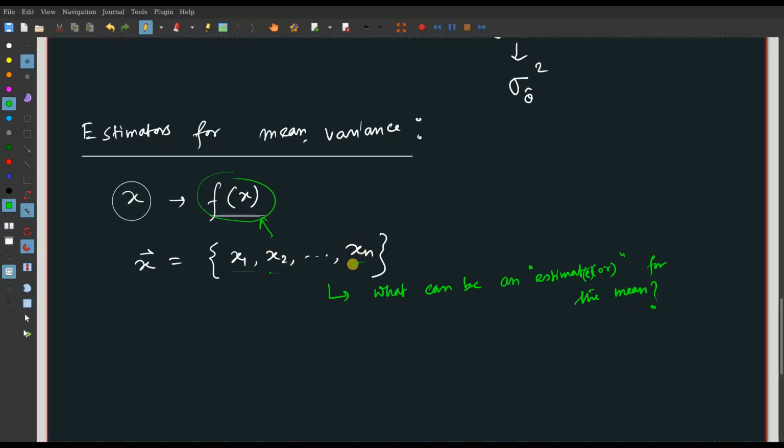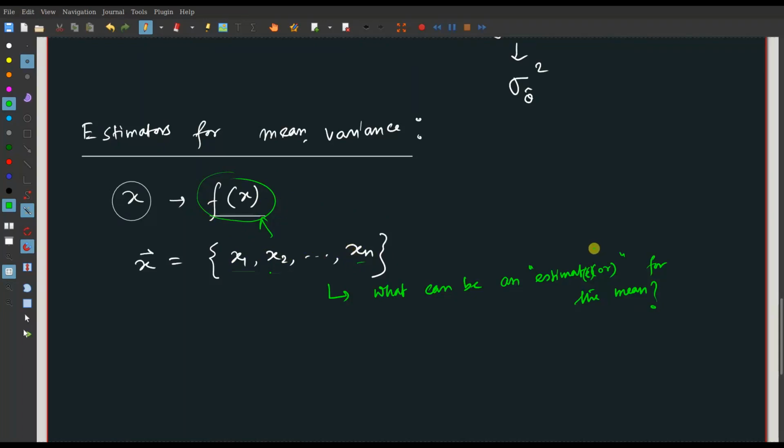So you can try to construct a quantity that you will call the estimator for the mean, that you hope will capture the properties of this fx, so that if you change this fx, that estimator will change in such a way that it always captures the effect of the mean. If you change this fx, then inherently these values will be reshuffled and take other values. So what can be the estimate for this mean?